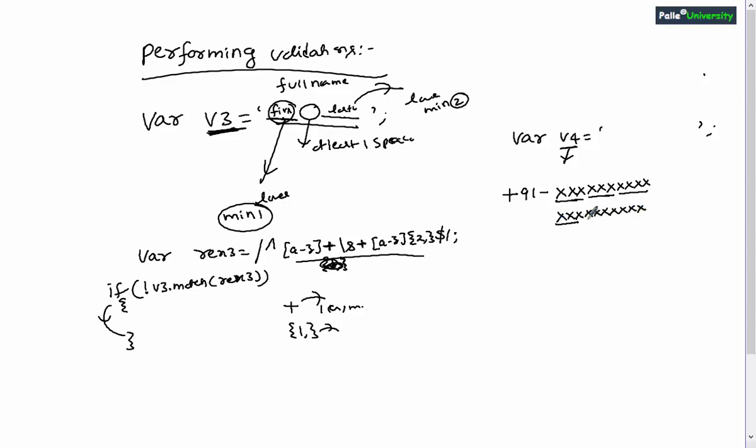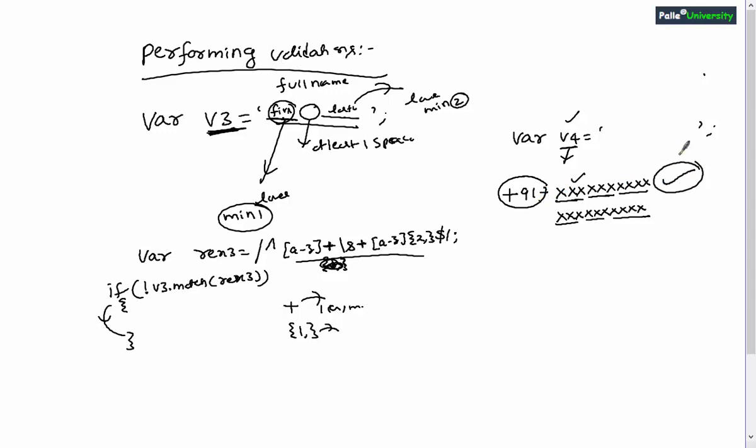Now my requirement is I want to consider this v4 variable's data as correct or valid content when the v4 variable has +91- and then 10 digits. In case v4 has +91- and then 10 digits, I want to consider the whole data as valid data.